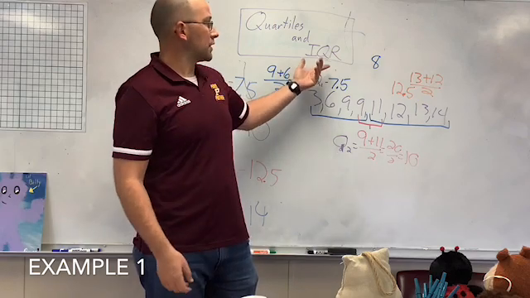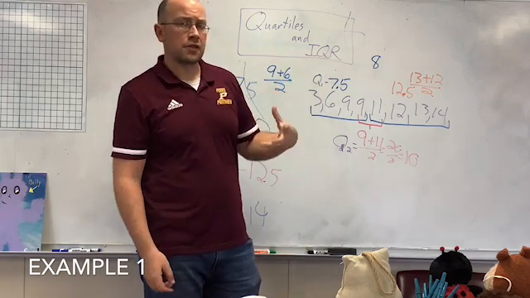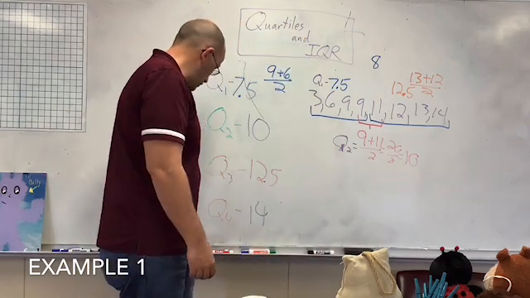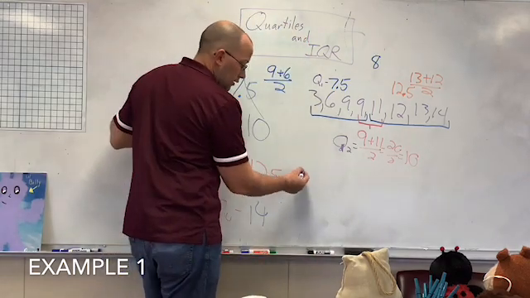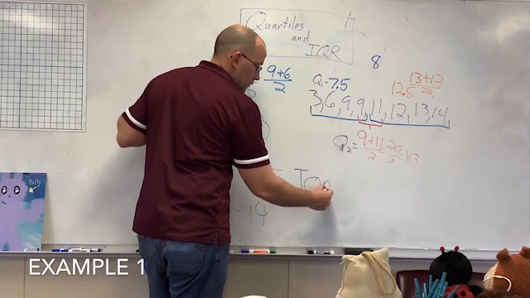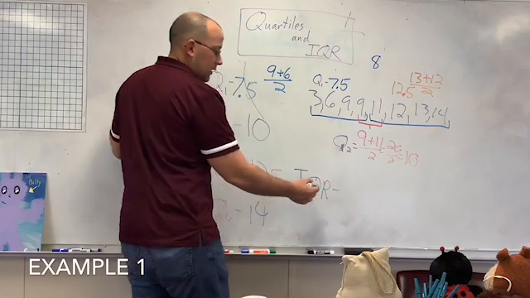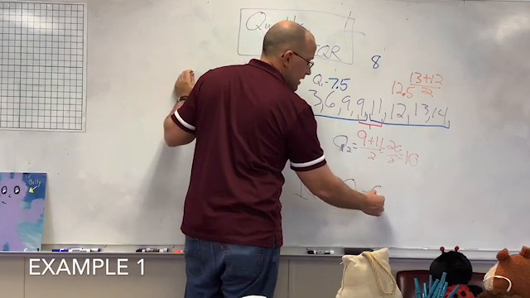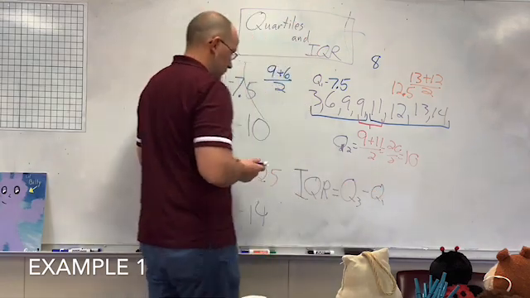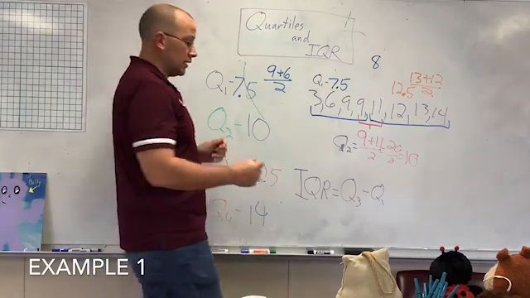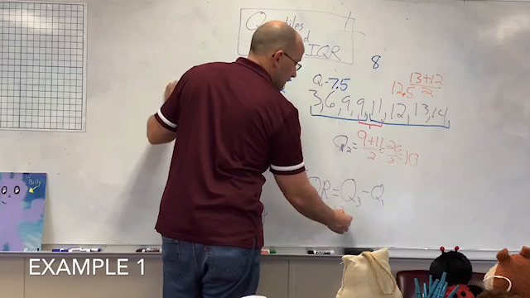Now we're going to find the IQR of this too. That's called the interquartile range. To find the interquartile range, or the IQR, you take, so the IQR equals Q3 minus Q1. So my Q3 is 12.5.